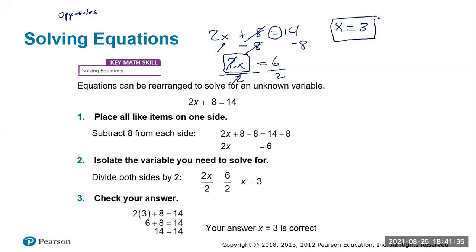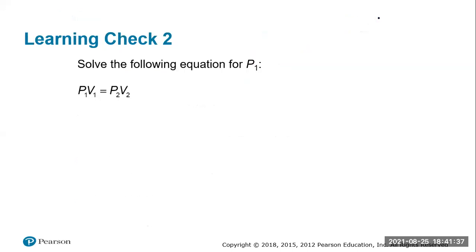Now, sometimes we're not given numbers, we're just given variables like P1, V1 equals P2, V2. This is actually a gas law. This is what's known as Boyle's law. We'll learn it later on. With Boyle's law we could solve for the first pressure, second pressure, first volume, second volume.